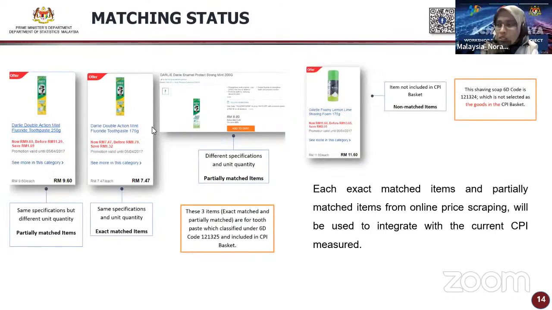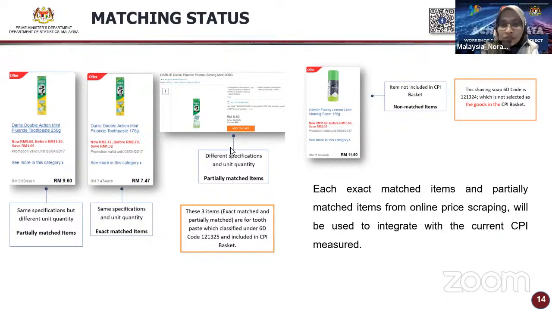So this is an example of the matching status for online data. From here, the same specification but different unit quantity, we will tag as a partially meshed item. And for the same specification and unit quantity, it will be tagged as an exact mesh item.